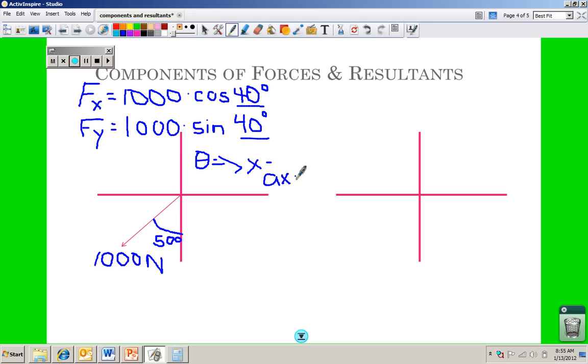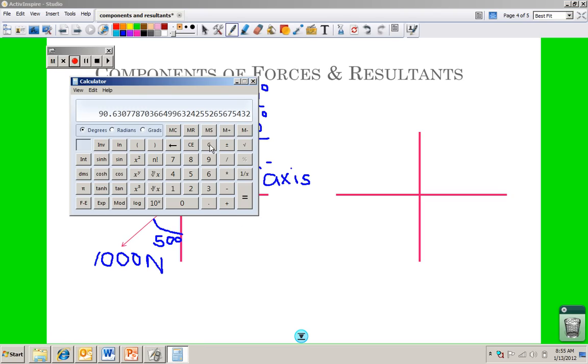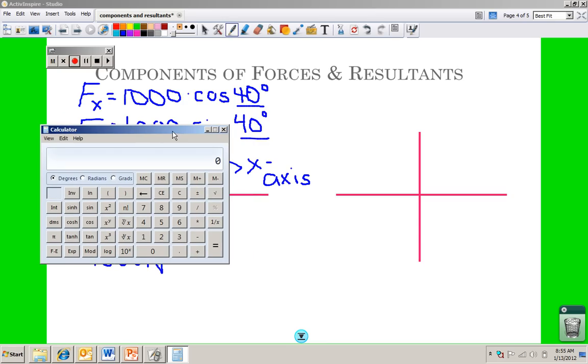Alright, so let's go and get those numbers. Alright, so we have 40 cosine times 1,000, alright, and we get 766.